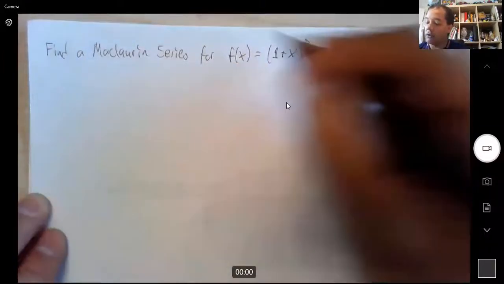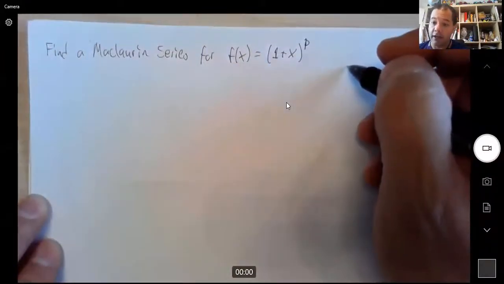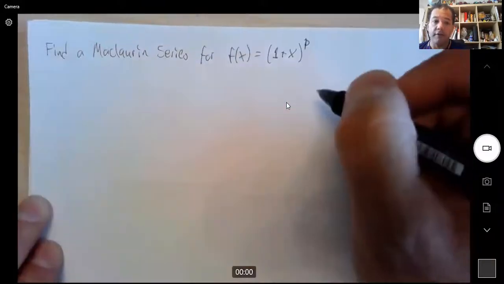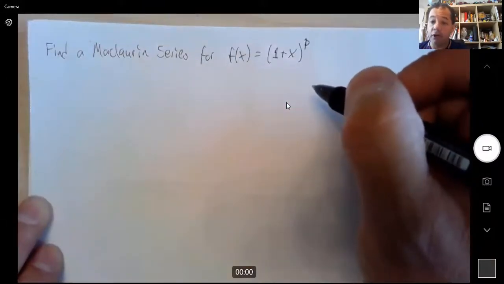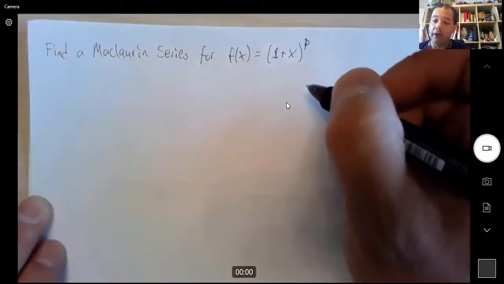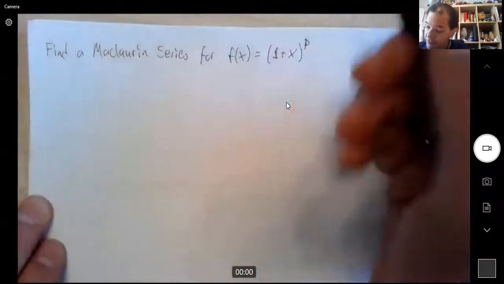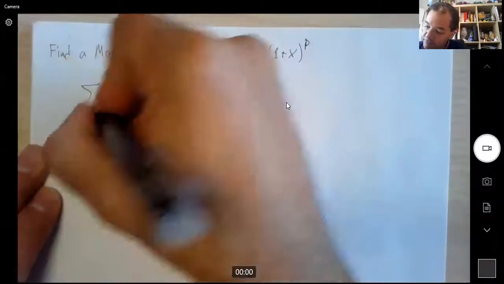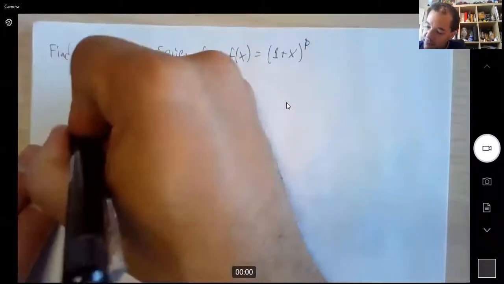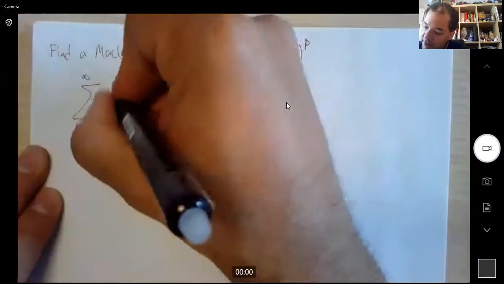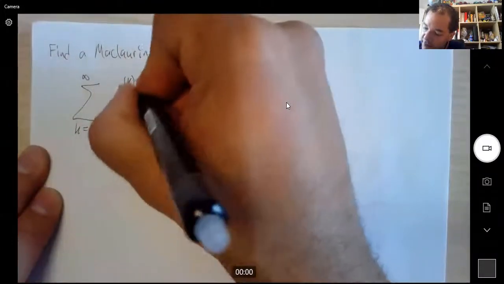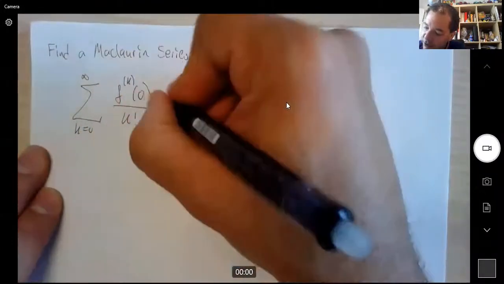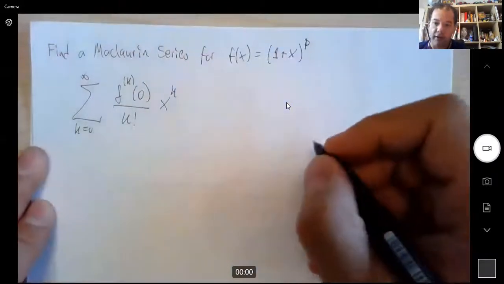And now we need to come up with the Maclaurin series, right? So how are we going to do it? Well, we're going to do it with our definition, right? So here is what it is. The Maclaurin series is the series from 0 to infinity, the kth derivative at 0 divided by k factorial x to the k.